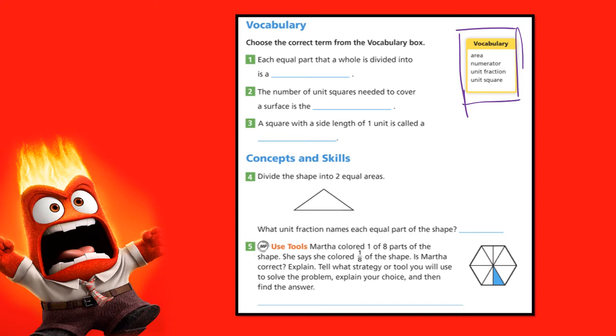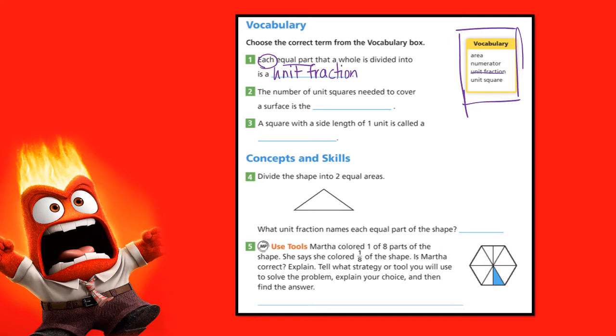Well, when I have equal parts, and I'm talking about each one of those equal parts that a whole is divided into, that's a unit fraction. And a unit fraction is one part out of the total number of parts that it takes to make a whole. And I like to just cross off my word when I use it, and that way I can focus on the words that are left over.